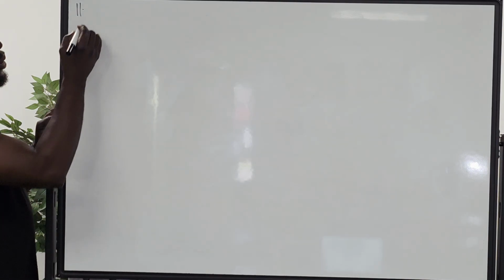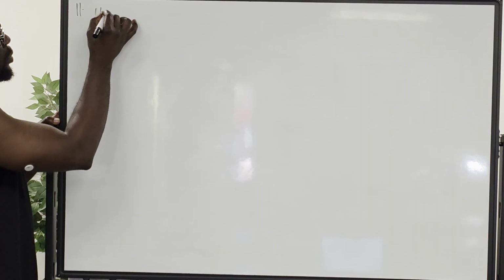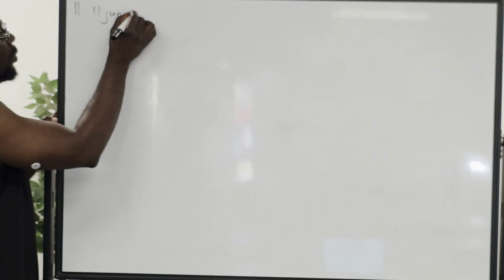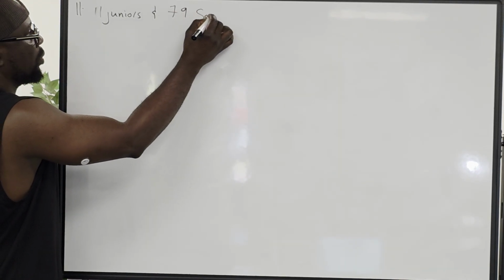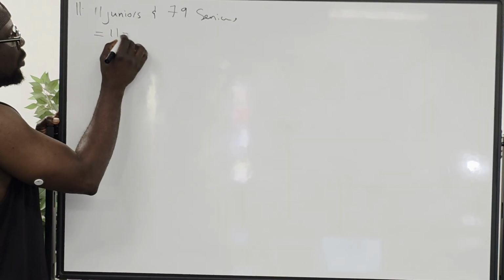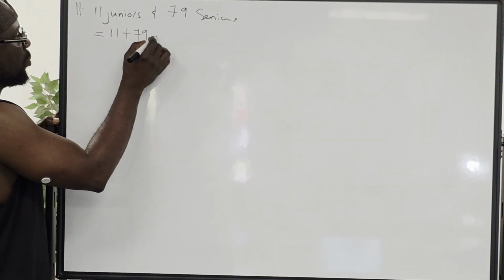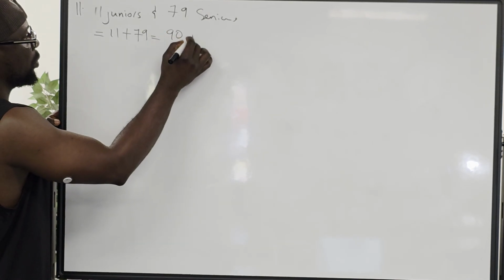So the question said they have a committee that's composed of 11 juniors and 79 seniors. That total is going to be 11 plus 79 people in the committee, which is 90 people in total, right?